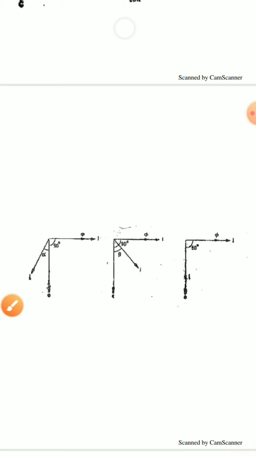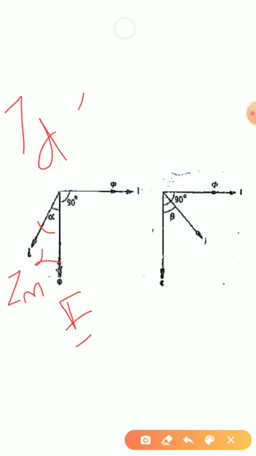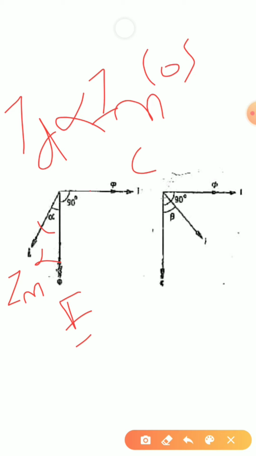The diagram is a bit unclear, so I'll just mention the phasor quantities: this is E, and IM will lag E by an angle alpha. Because of this, the torque developed will be TD equal to IM cos of 90 plus alpha. This is the angle that we are getting.